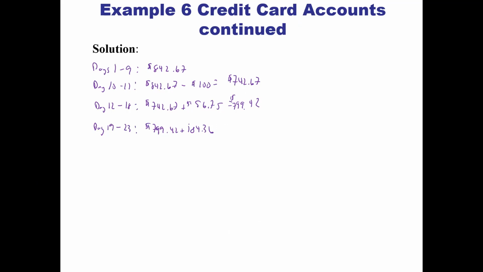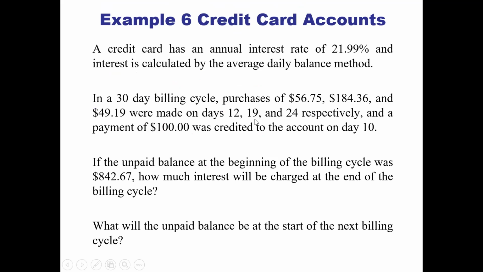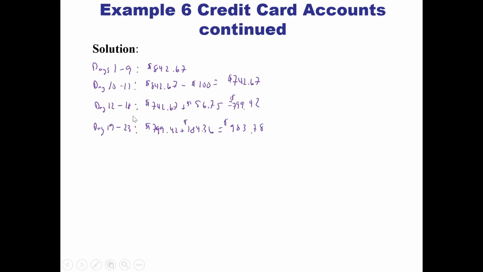So we'll have that plus that, and that's going to be $983.78. And then on the 24th day, we bought something for $49.19, so day 24 through the end.